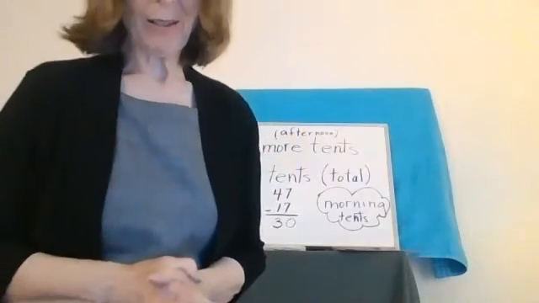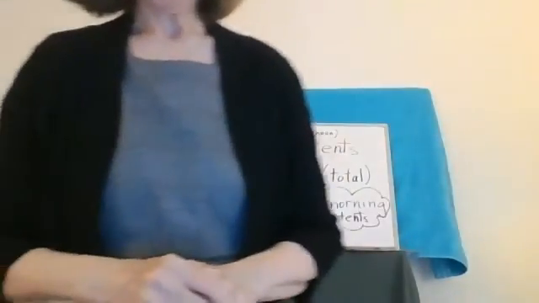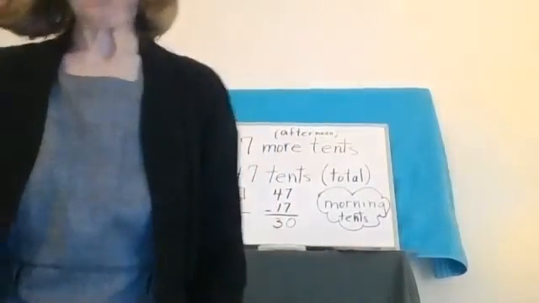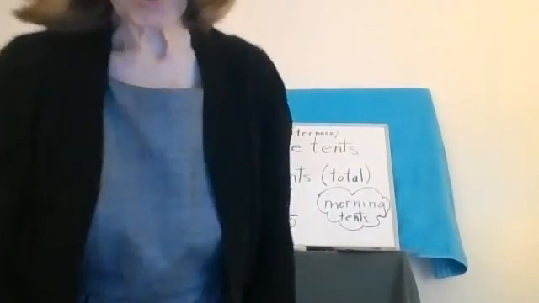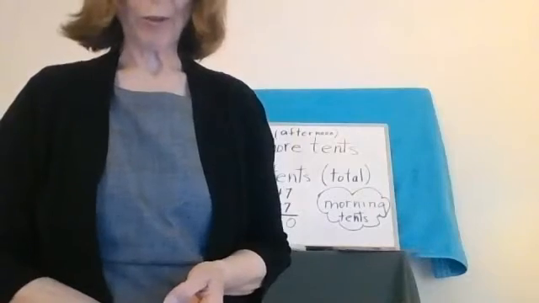Now that is a lot to remember. And our brains really don't need to do all the work. We need to write some things down. Do we know how many tents there were in the morning? No, it doesn't tell us. It just says in the morning there were some tents set up. But it does tell us how many in the afternoon.